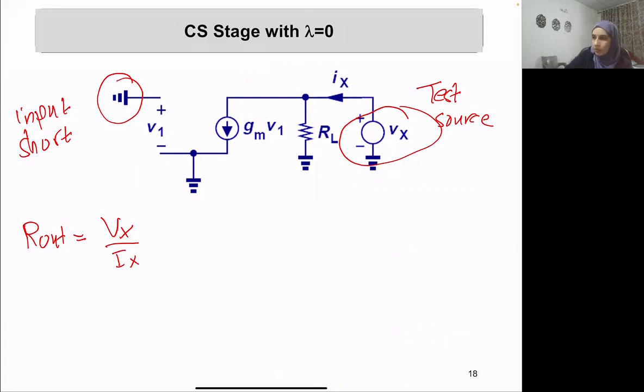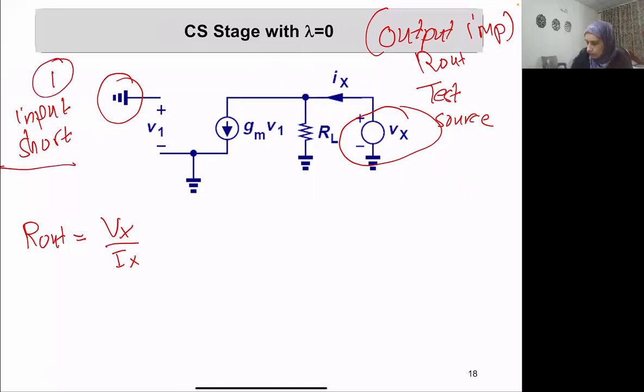For finding Rout, step number 1, you need to short the input. Step number 2, you need to apply a test source from the output side that is named Vx and has a current Ix, and your Rout will be Vx over Ix. So now we can try to do that in order to find the output impedance.